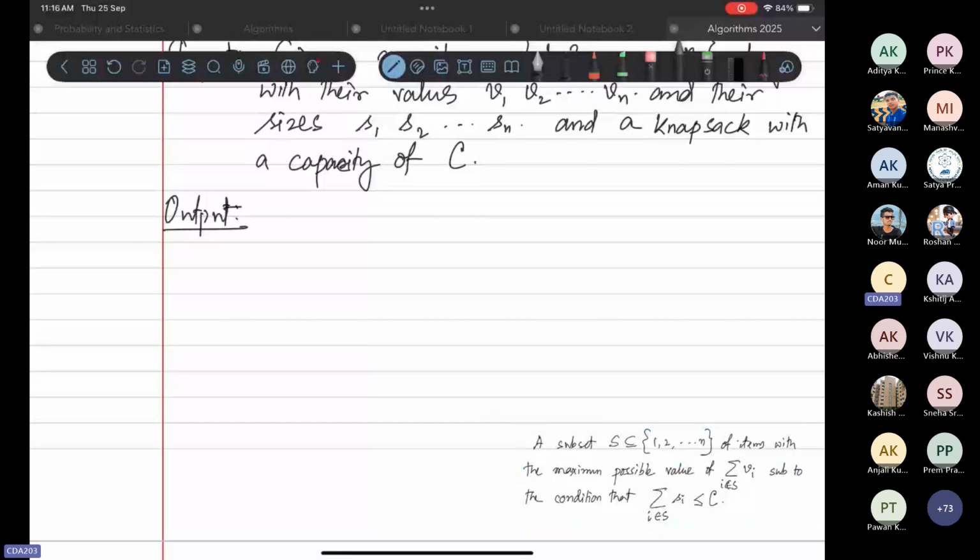Can you tell me how I should express my output? The output would be in some kind of a vector, right? A vector where these xi's lie between 0 and 1.